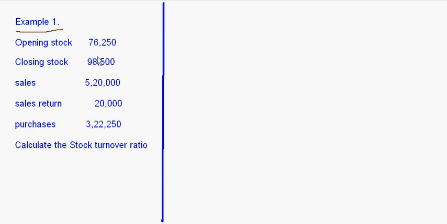Here we have the opening stock as 76,250, closing stock is 98,500, sales is 5,20,000, sales return is 20,000, purchases is given as 3,22,250. Now, you have to calculate the stock turnover ratio, right?